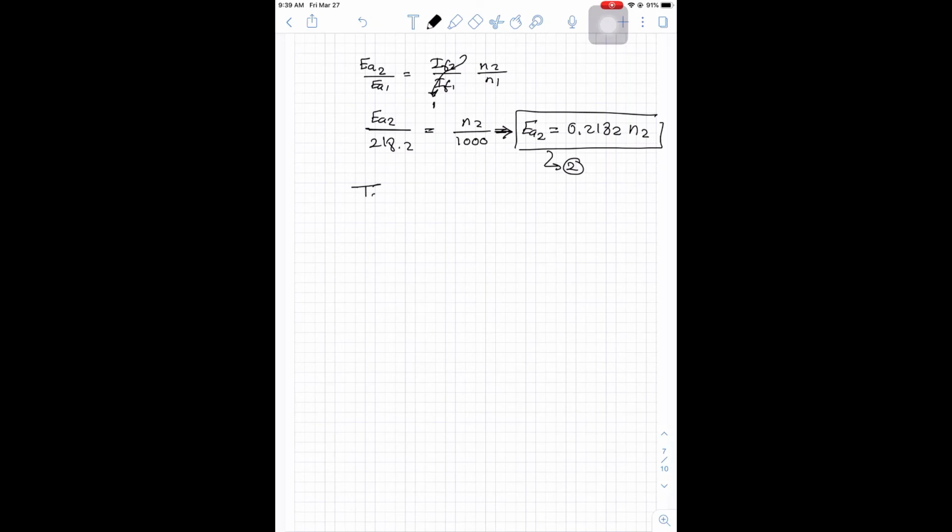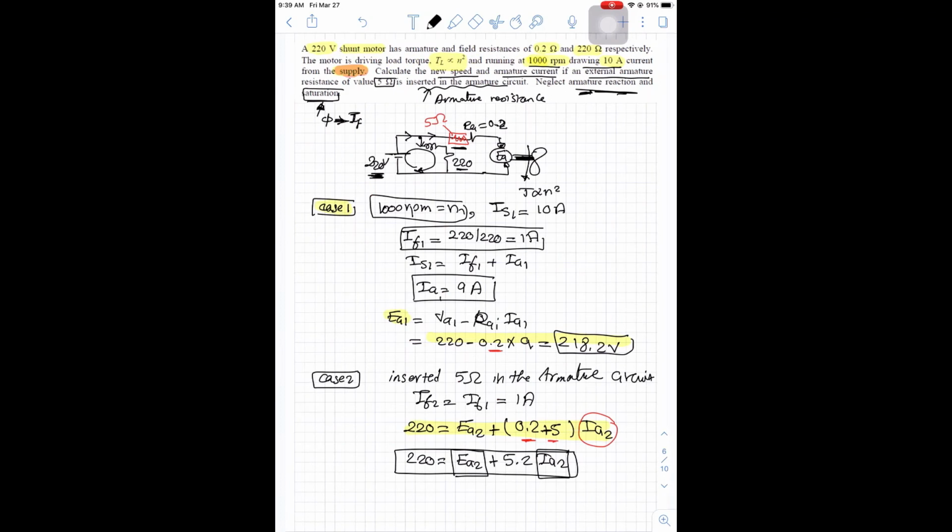Also, we can write T2 divided by T1 equals IF2 divided by IF1 times I armature 2 divided by I armature 1. And I field 2 divided by I field 1 is 1 because we didn't change the field circuit. We don't have T2 and we don't have T1. But here, it is given that this machine is driving a fan load, and the torque is proportional to the speed squared.